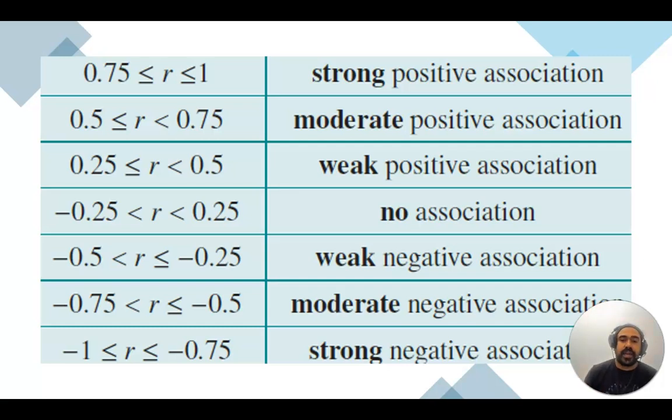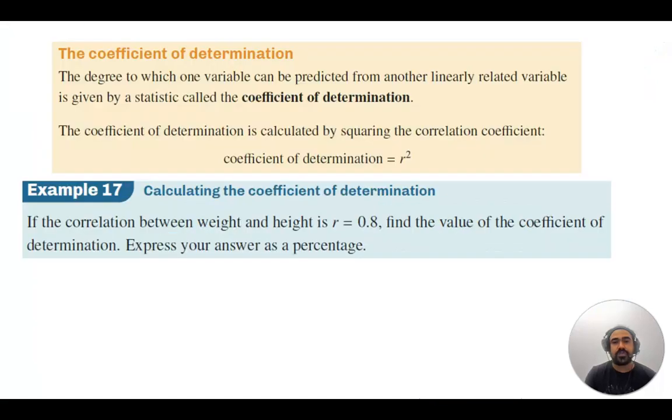But what we're going to do now is take it a step further in terms of what we can do with this R value. So the coefficient of determination is the degree to which a particular variable can be predicted from another linearly related variable.